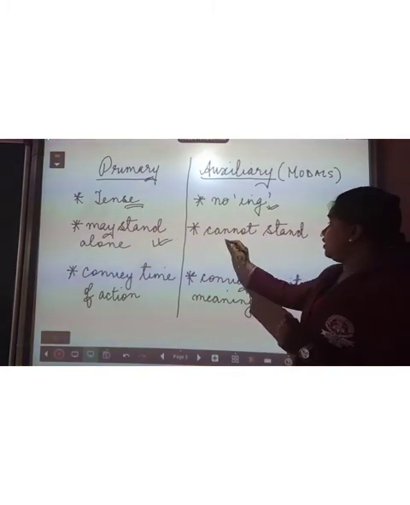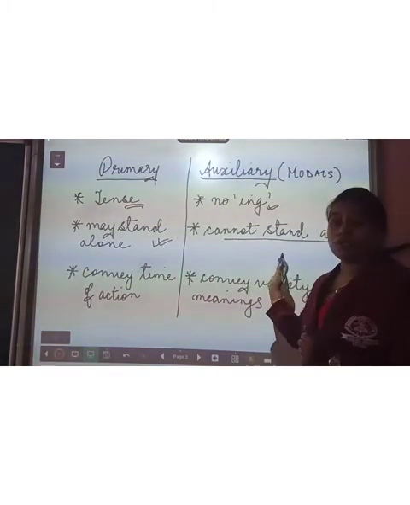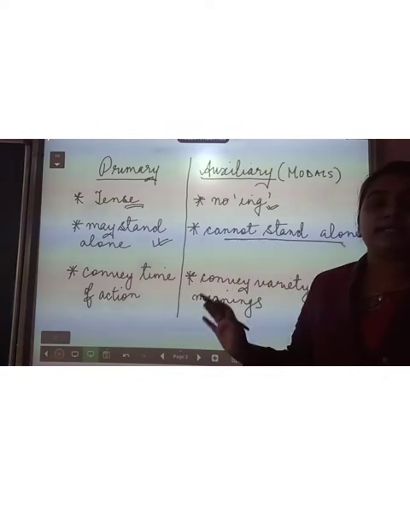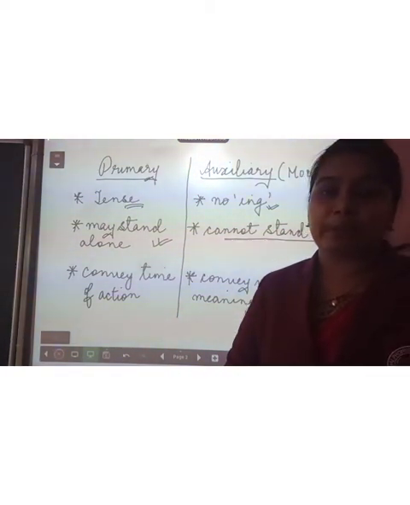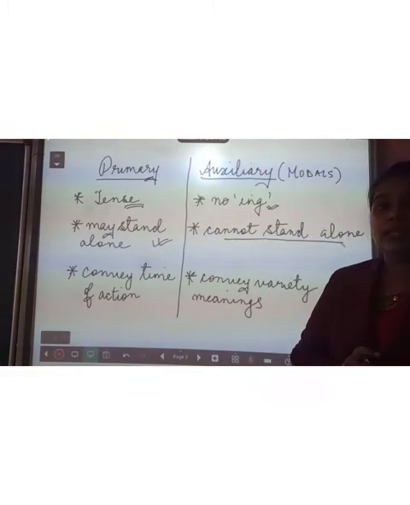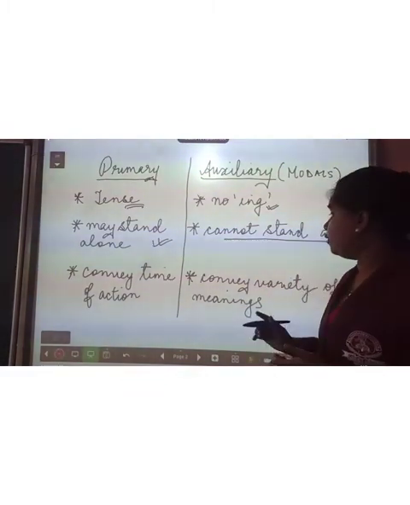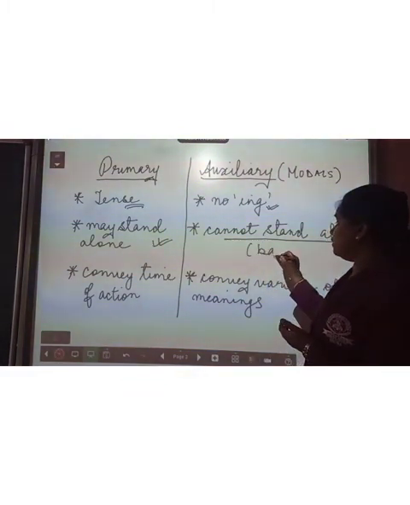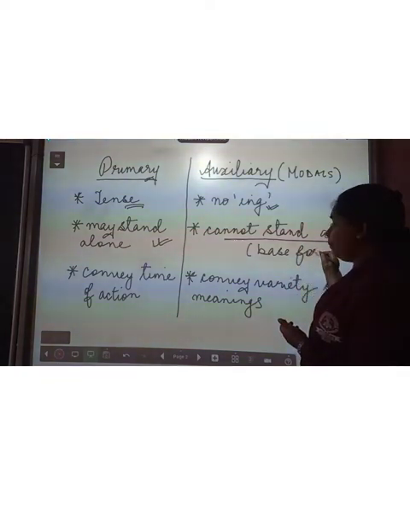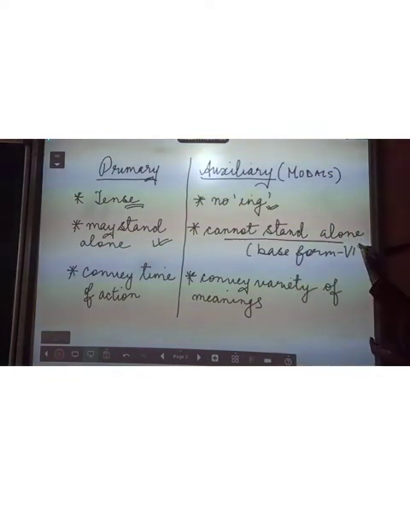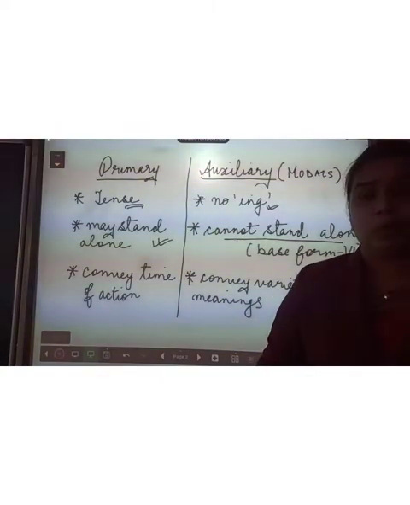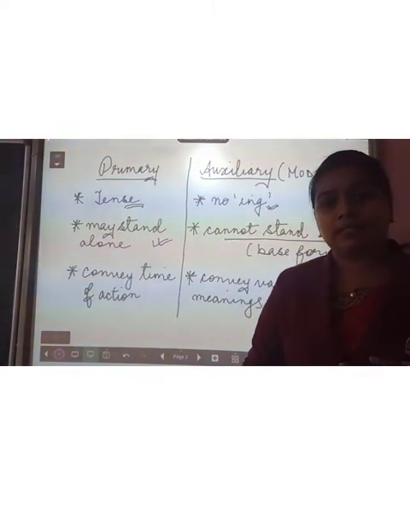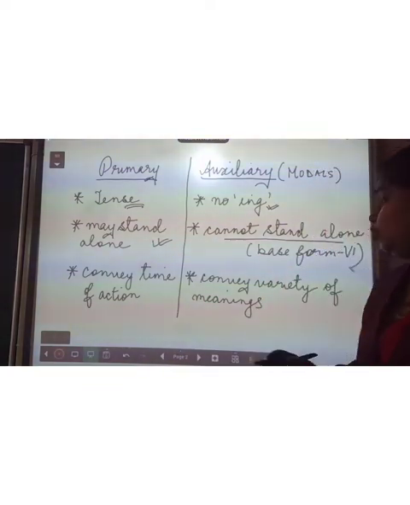But modal auxiliary verbs cannot stand alone. They are always placed before the main verb. We need the main verb, and the main verb here is also used in the base form, the V1 form, like look, sing, dance.